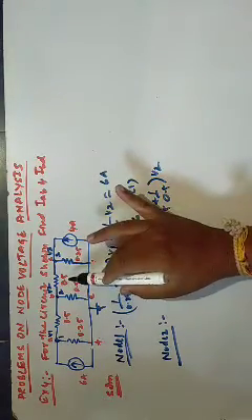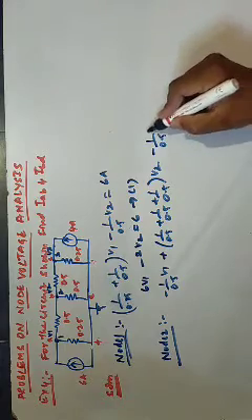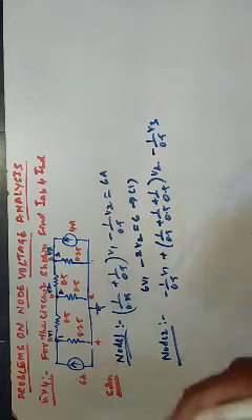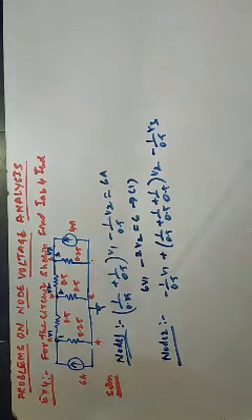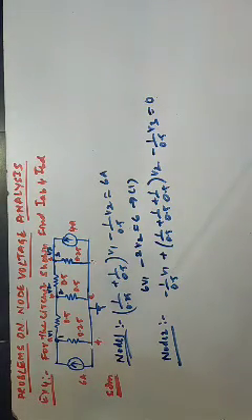And this 0.5 is again shared with node 3, so this is minus 1 by 0.5 V3. No current source, no voltage source is here, so this is equal to 0.